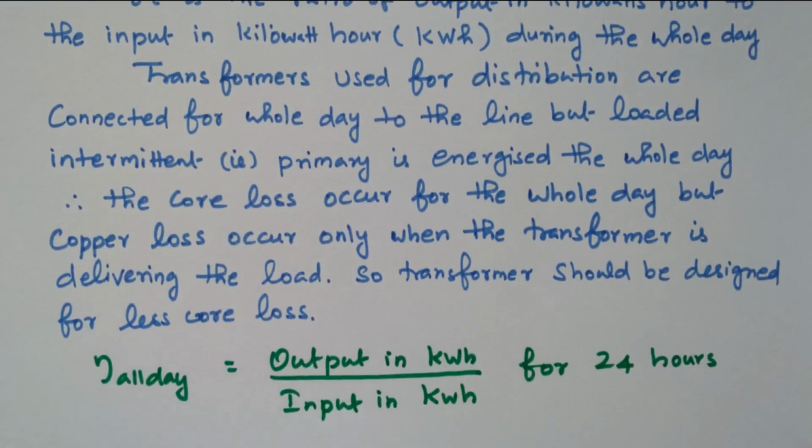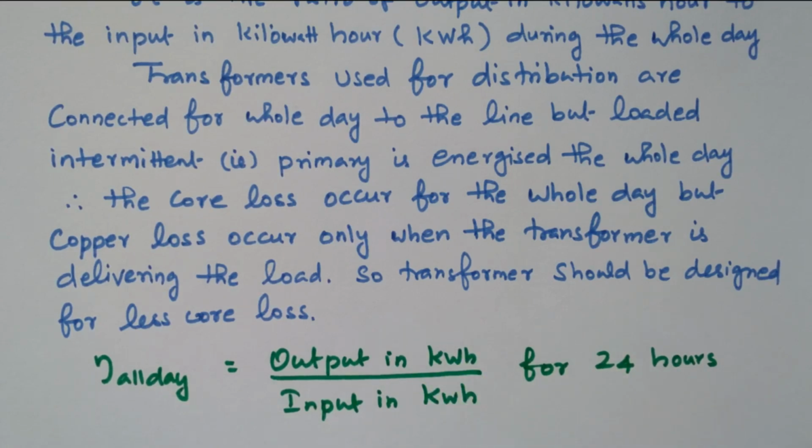Copper loss depends upon the load. So all day efficiency equals output in kilowatt hour divided by input in kilowatt hour for 24 hours.